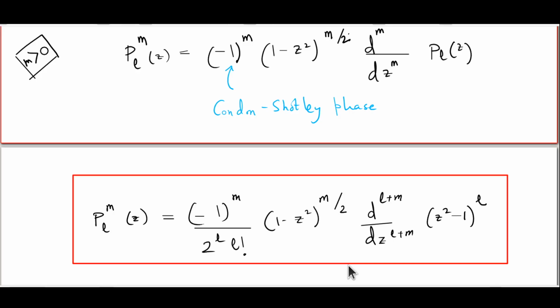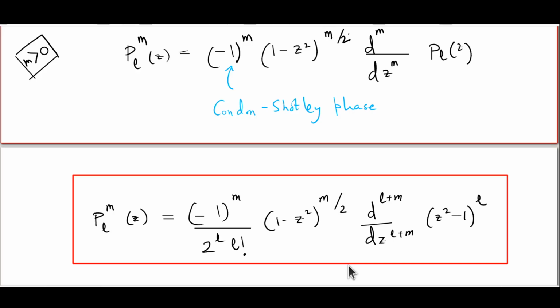However, let me point out one thing. The equation which gave rise to the associated Legendre function was the equation for capital theta that we had derived earlier in this lecture. And in that equation, m enters only as m square. What that means is plus m and minus m lead to exactly the same equation for capital theta and hence for capital F, the equation that we ultimately solved.